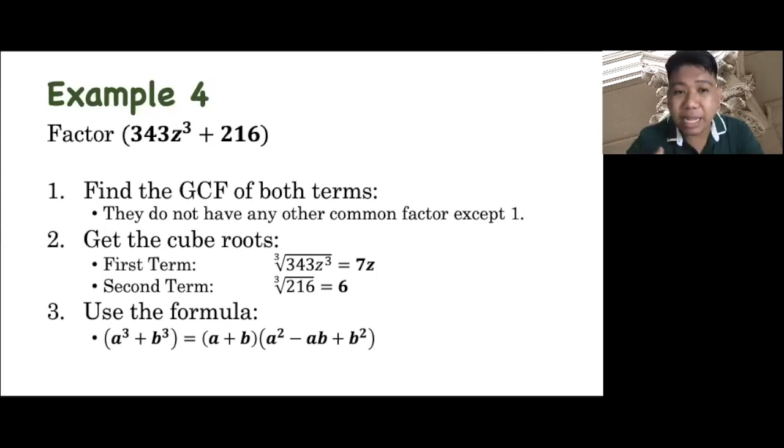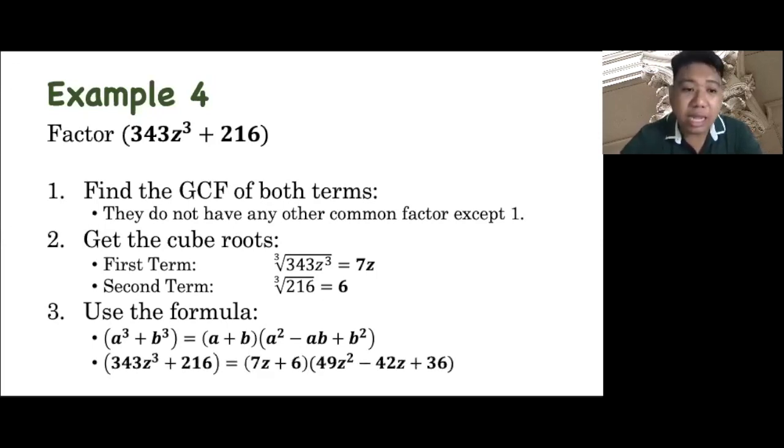So apply natin at plug in natin yung mga values and we will arrive with this answer. 343z cubed plus 216 is equal to, ang kanya pong binomial factor ay 7z plus 6 at ang kanyang trinomial factor ay 49z squared minus 42z plus 36. So ang kanyang factor po at ang ating final answer ay 7z plus 6 times the quantity of 49z squared minus 42z plus 36.